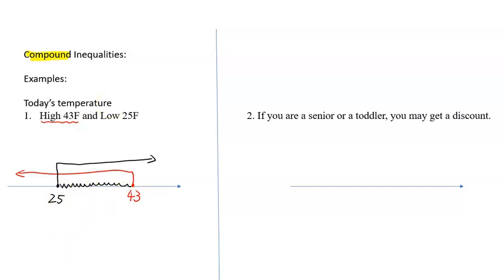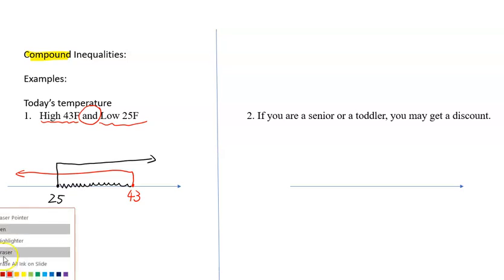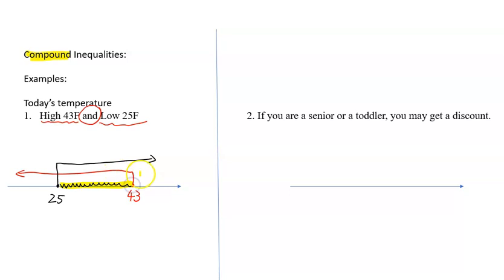So we have two requirements, as you can see here, and they are joined by the word and. So we have to meet both requirements. And you can see these numbers here. If I highlight these, they are under both the red line and the black line.